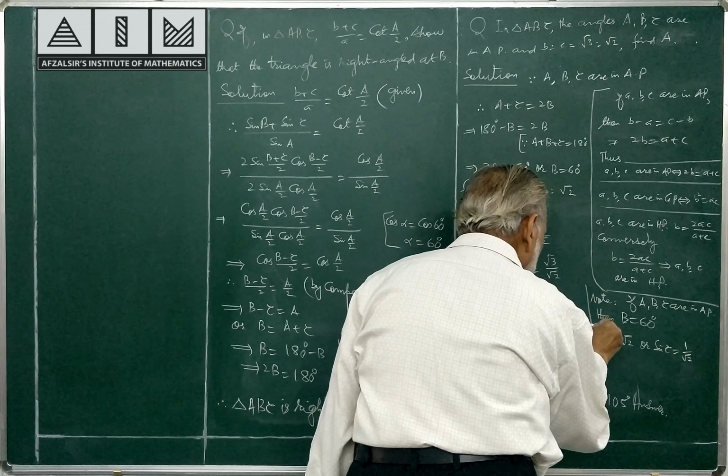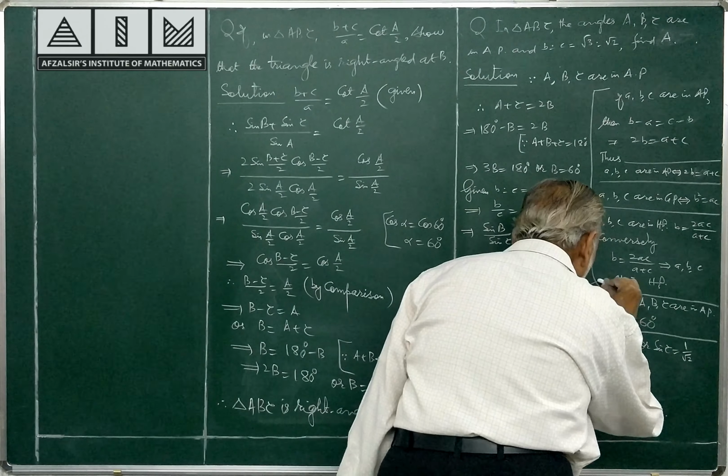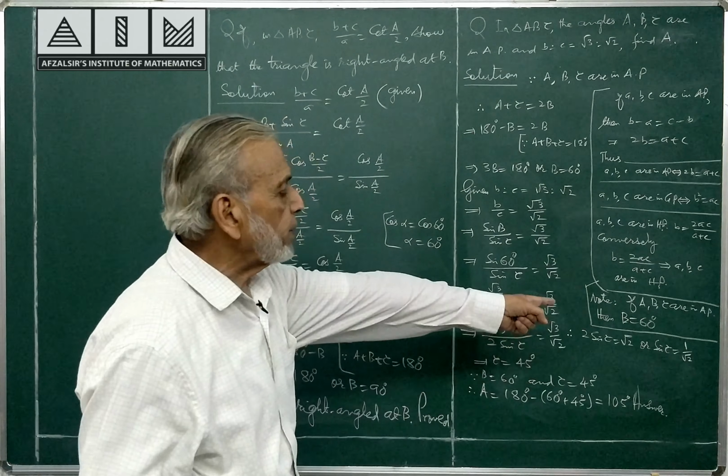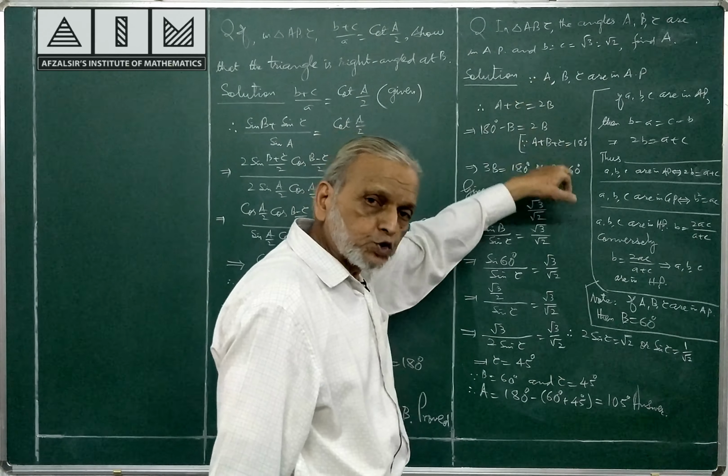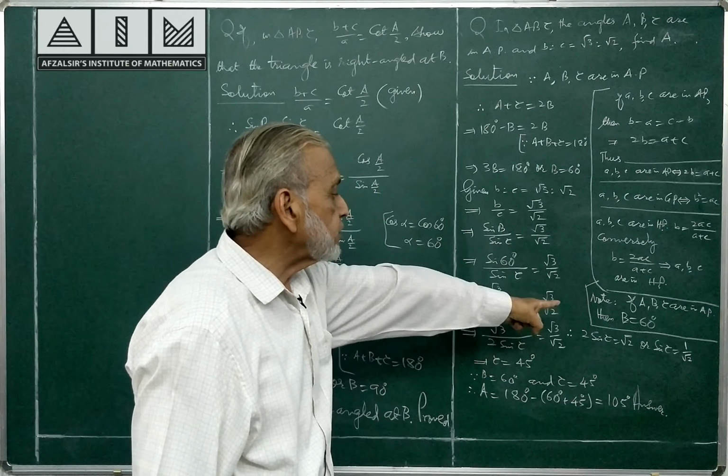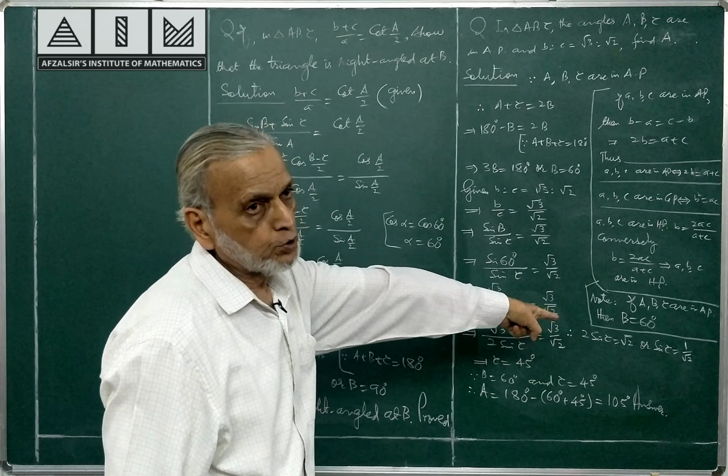This will be useful in solving certain questions. If A, B, C are in AP, B is equal to 60 degrees, immediate conclusion, without working out so much, you can straight write, since A, B, C are in AP, B is equal to 60 degrees.